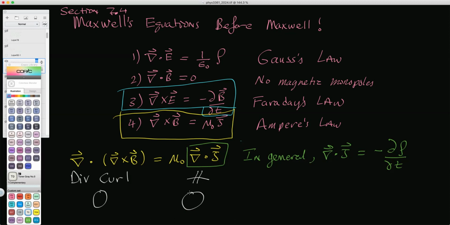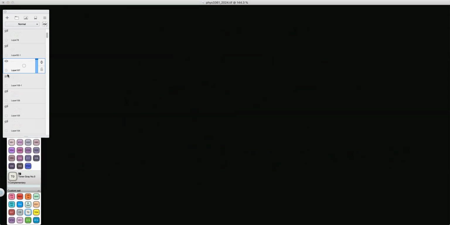Okay, let's look at it a different way. I'm going to get a new layer for this. So let's just look at a circuit. We've got a battery and we've got a capacitor. And there's our battery, and we have some current flowing through the circuit. Okay, simple idea. Let's put an Amperian loop down because we're dealing with Ampere's law, right?